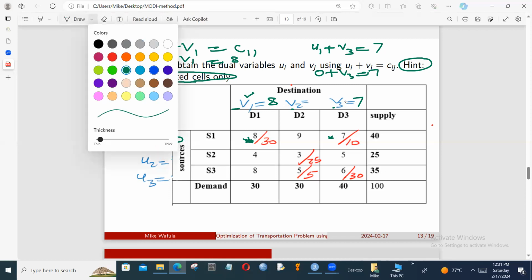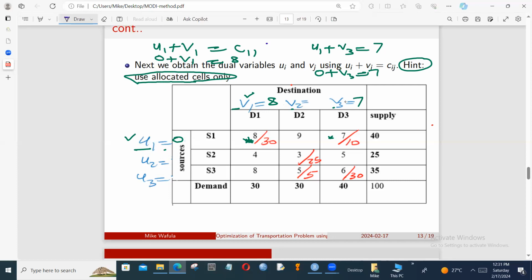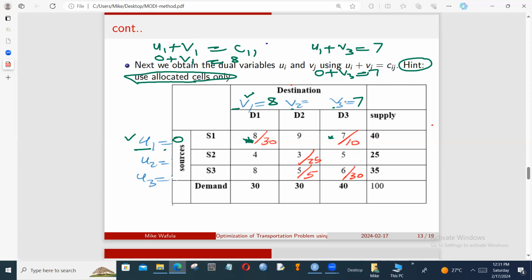Now, this cell also has some allocation, and I can create an equation for this because I have a U3. U3 plus V3 should give me 6, the C33.